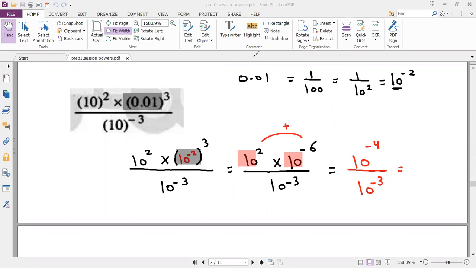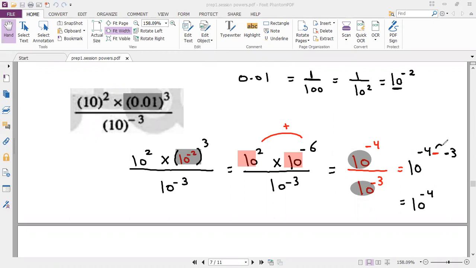And also we have like bases here. We have 10 and 10. So write the base as it is, write 10 as it is, and subtract powers. -4 minus -3 equals 10 to the power of -4.